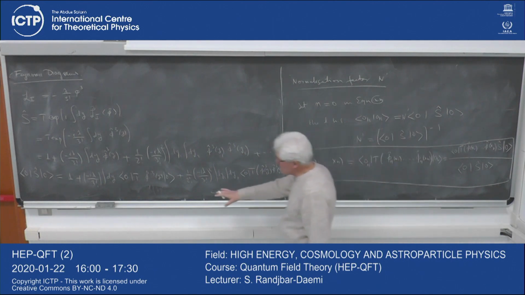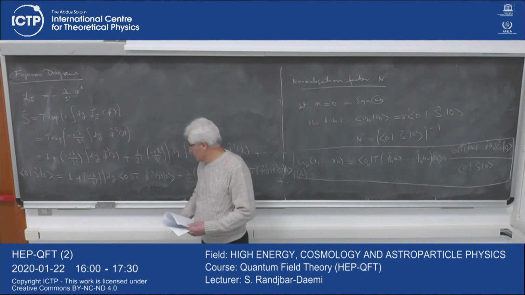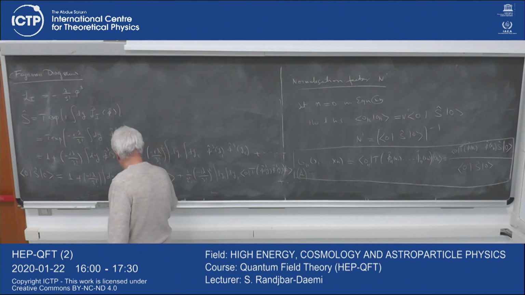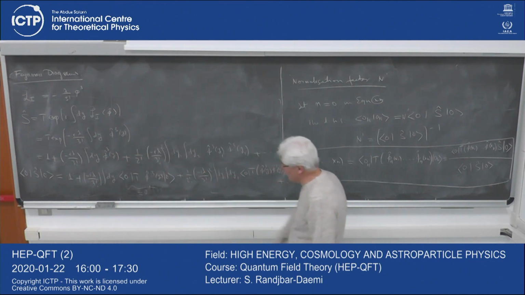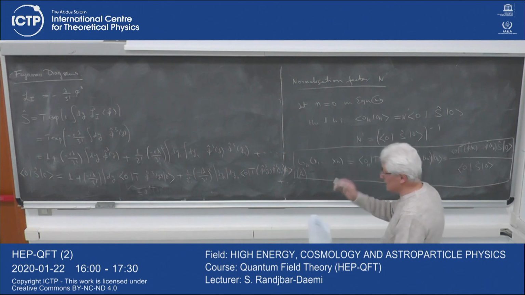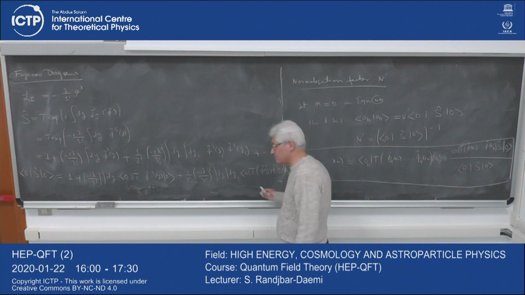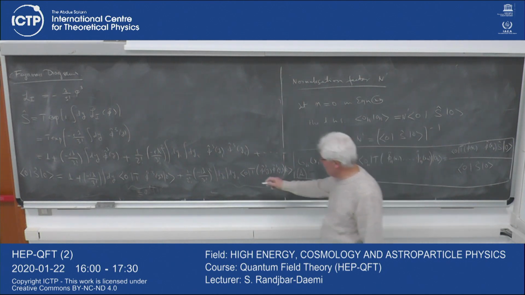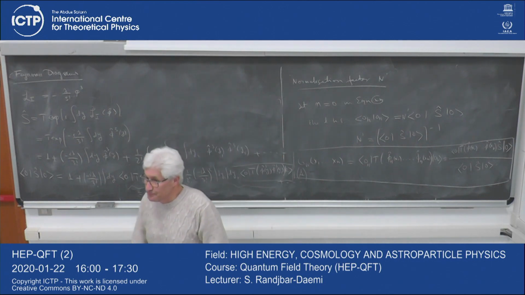What's this? 0. We also mentioned last time that the product of an odd number of fields sandwiched between ground states will give you 0. This one we have to calculate. To calculate, we have to apply Wick's theorem on this. That's the only thing you need to do.